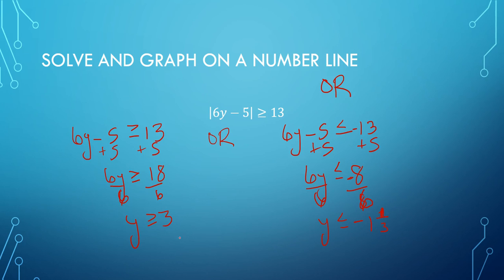Okay. So then we graph those on our number line. Negative 1 and 1/3 is smaller, so make sure that's first. 3 is bigger. It says greater than or equal to 3, so make sure that goes above your 3. Closed in and greater is to the right. Less than or equal to negative 1 1/3. Again, closed in, less than is to the left.